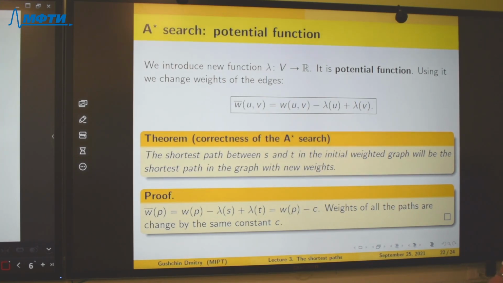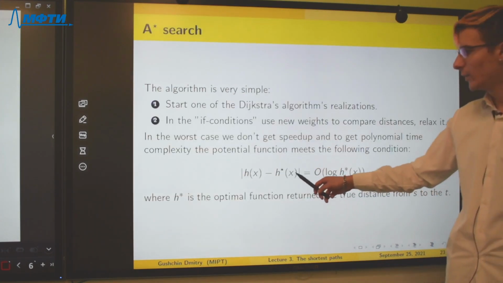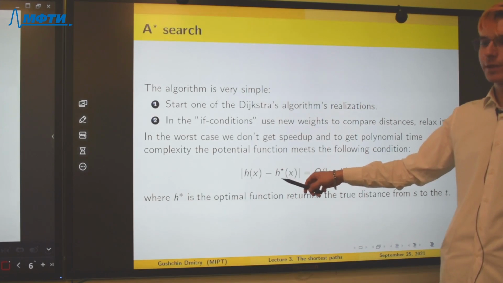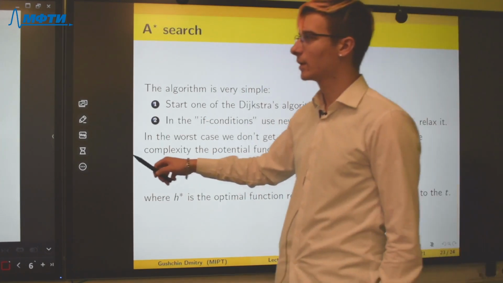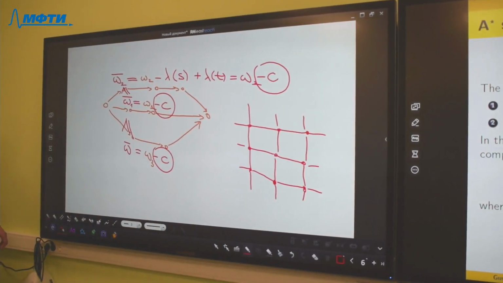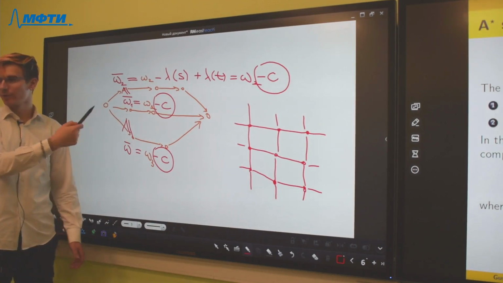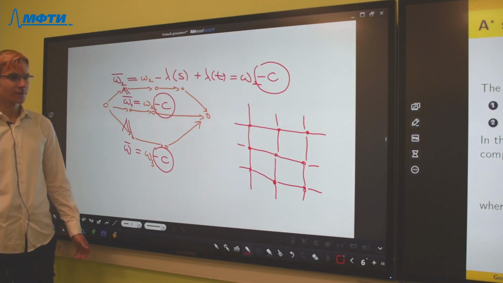So you need to use it if you have an empirical way to understand why your potential function is better than 0. Because if we set the potential function equal to 0 for all the vertices, then we get the same graph, and then we get Dijkstra algorithm.